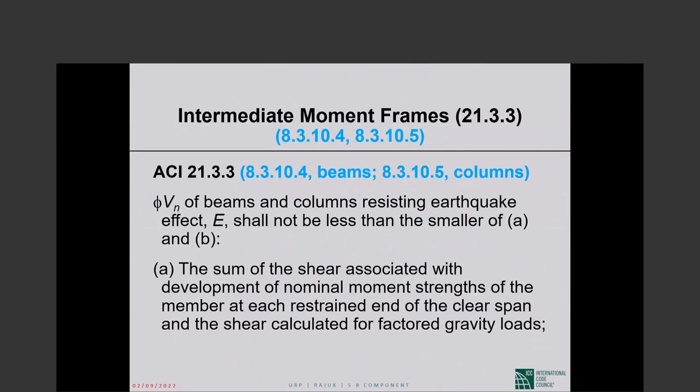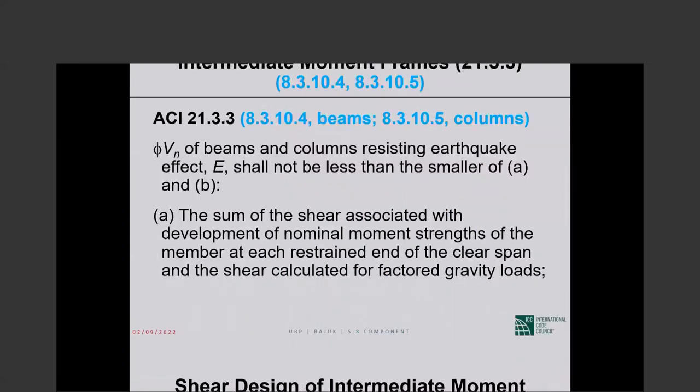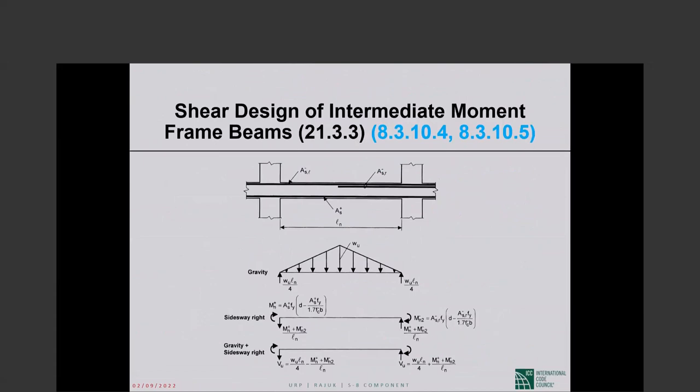The shear design of intermediate moment frames. There are two ways you can go. You can approach it like the shear design of special moment frame beams, except if it is an intermediate moment frame beam, you will calculate the maximum shear that can develop by considering nominal rather than probable moment strength at each end.